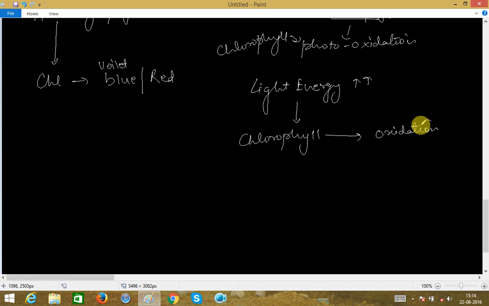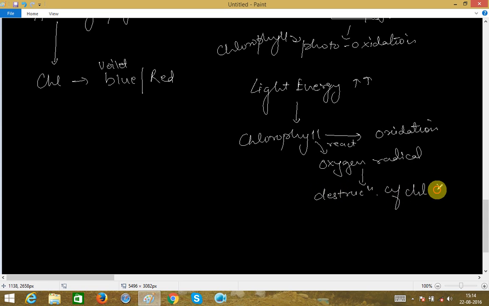That means this activated chlorophyll can react with oxygen radicals, which can cause the destruction of the chlorophyll structure.